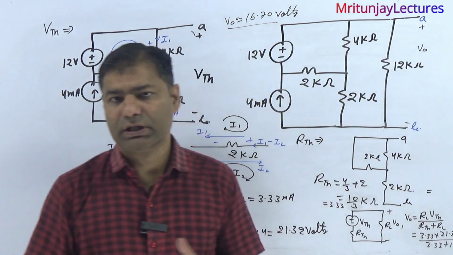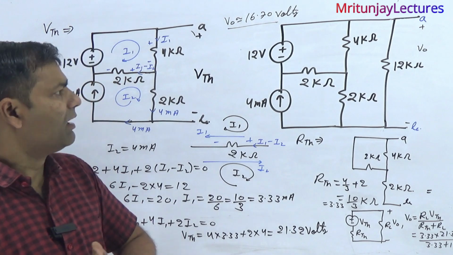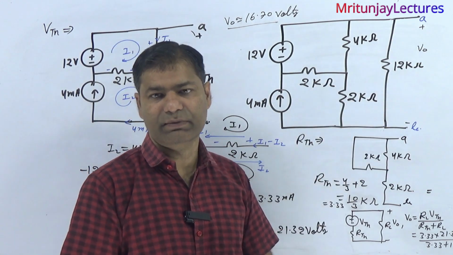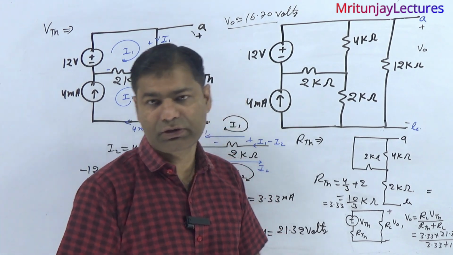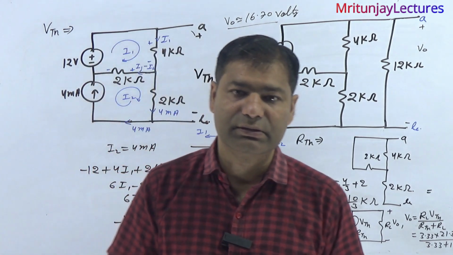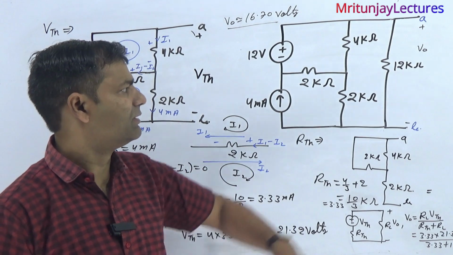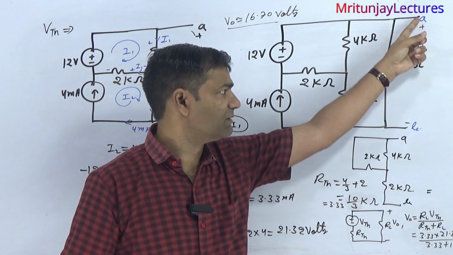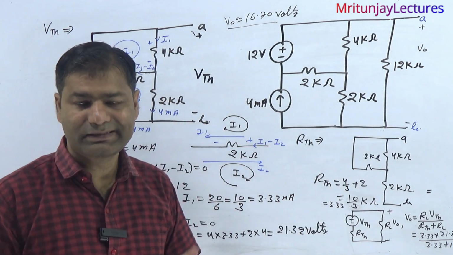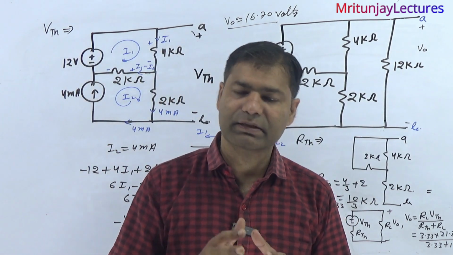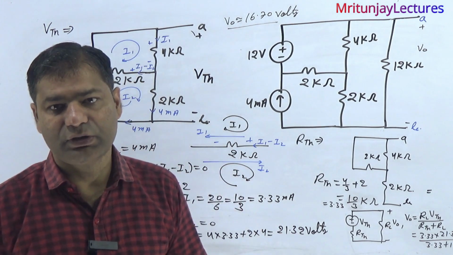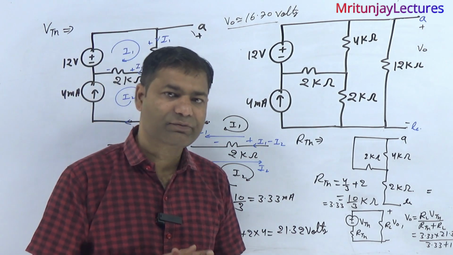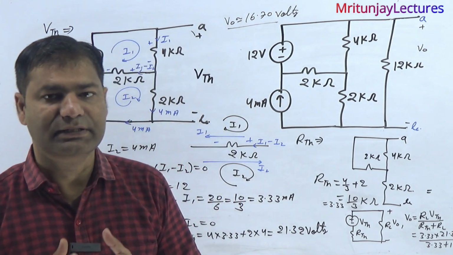Our motto is to determine V0 across the AB terminal. So how can we determine it with the help of Thevenin's equivalent? First of all, remove this resistance, which behaves as the load resistance. That's why first of all make the equivalent circuit corresponding to the AB terminal. First determine VTH and after that determine RTH.